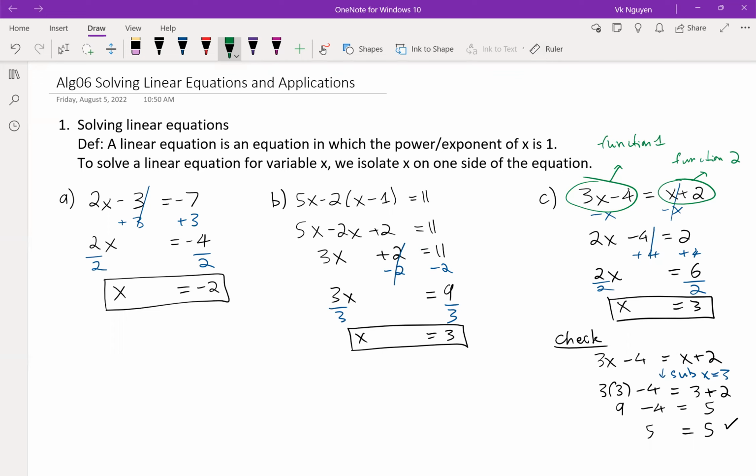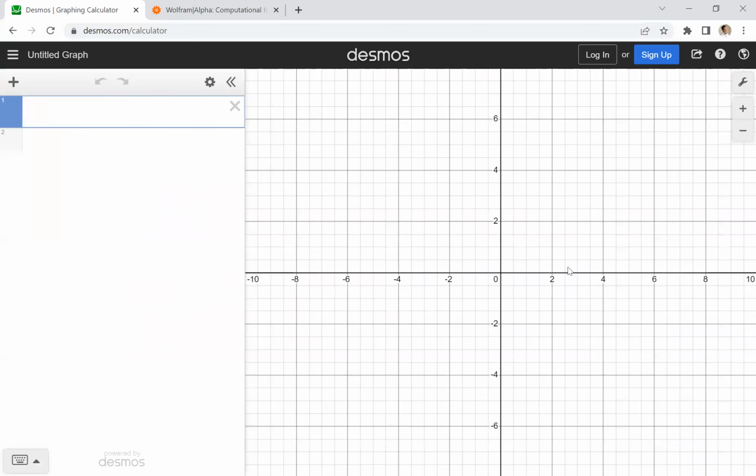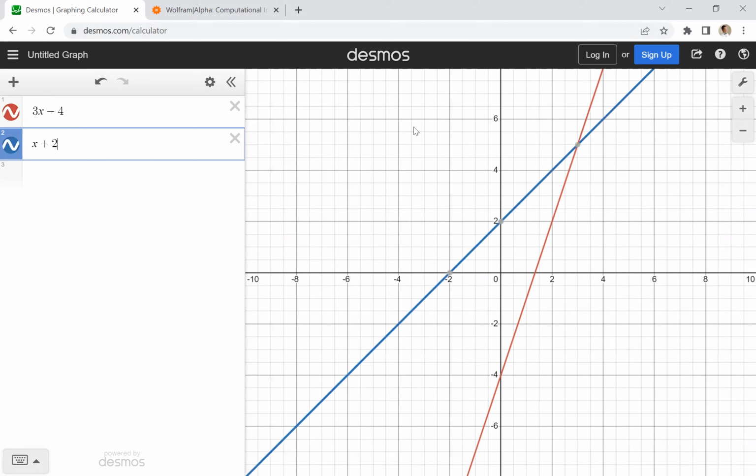In order to see that, let's take a look at Desmos. This is a very powerful way to sketch functions. We have 3x minus 4, a straight line. On the other side of the equation is x plus 2. Look at the intersection here. The intersection is at the point (3, 5). So x equals 3 is the answer.